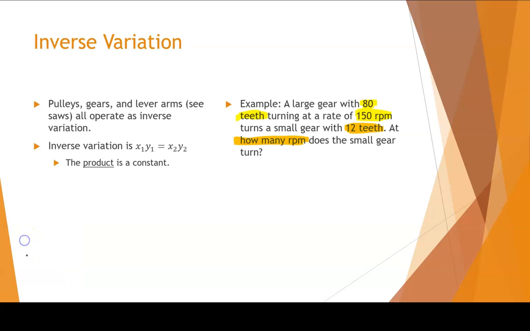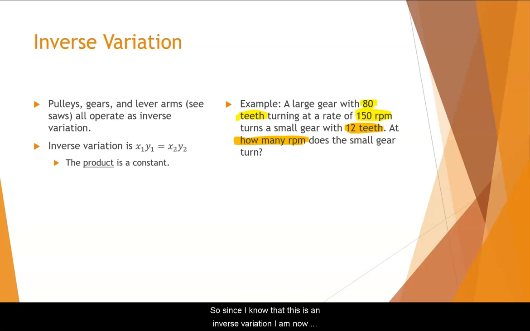So, similar to direct variation problems, we have a situation we know and then a situation we know part of, but how we're setting these up is very different. And this is very important to understand the form that the equation is taking, and understand the mathematical relationship behind what's going on.